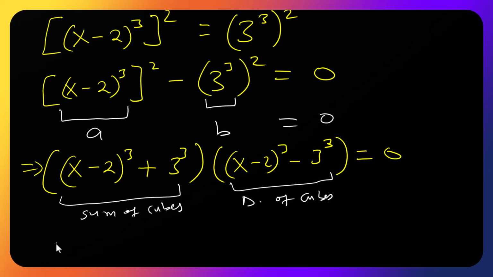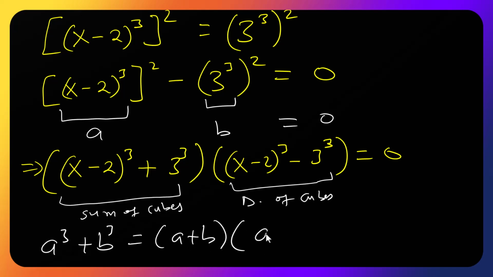So a cubed plus b cubed is simply a plus b, then we have a squared minus the product of a and b plus b squared equal to 0.